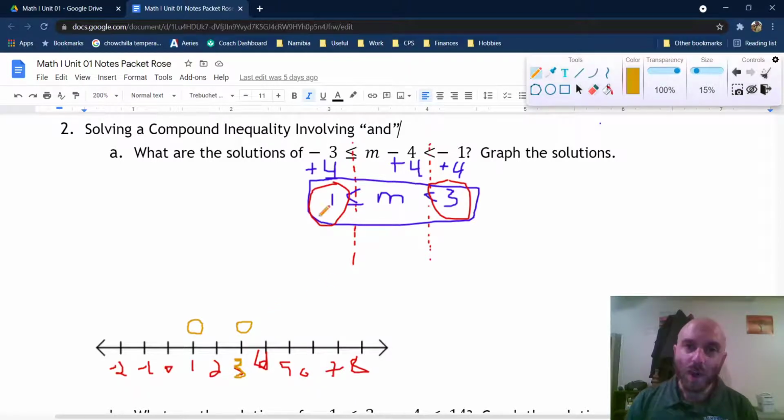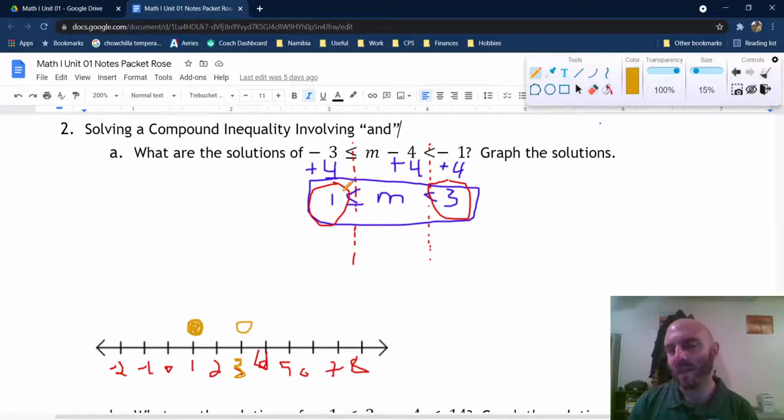And then you just think about which way you're going to go. Well, I see that it says 1 is less than or equal to m. So first of all, because it has this little or equal to line under it, I need to fill in the circle. And then I need to think about which way I'm going to go from 1.